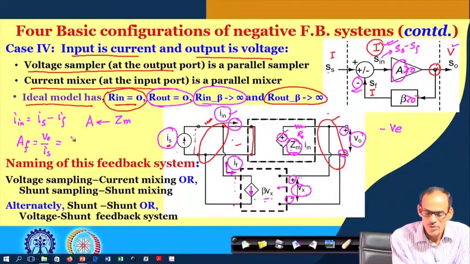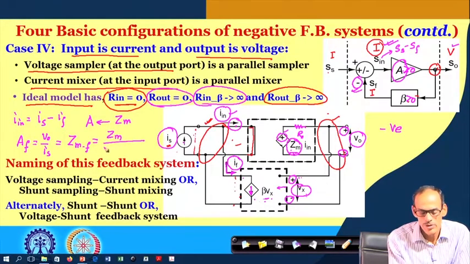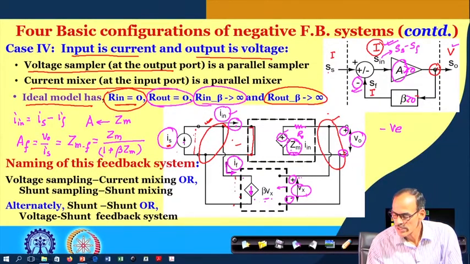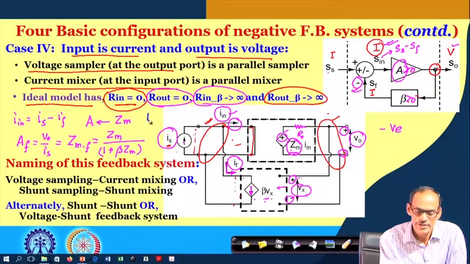In fact, we may write this as Z m of the feedback system, which is equal to Z m divided by 1 plus beta into Z m. And the loop gain, as you can guess, equals minus beta into Z m.